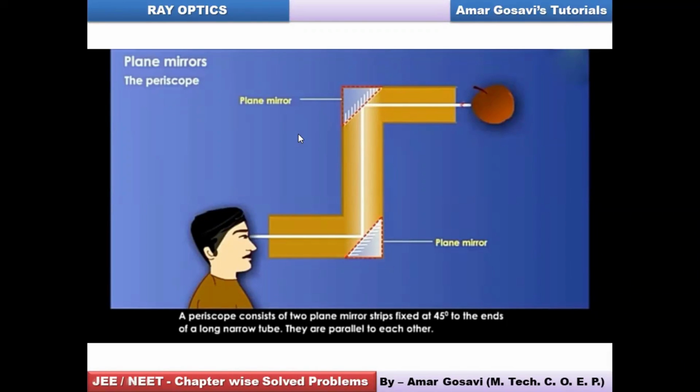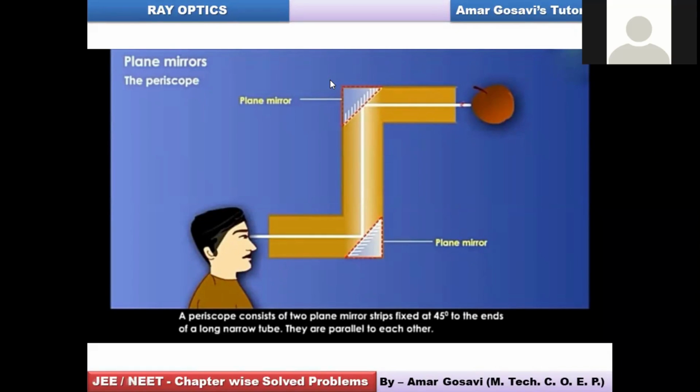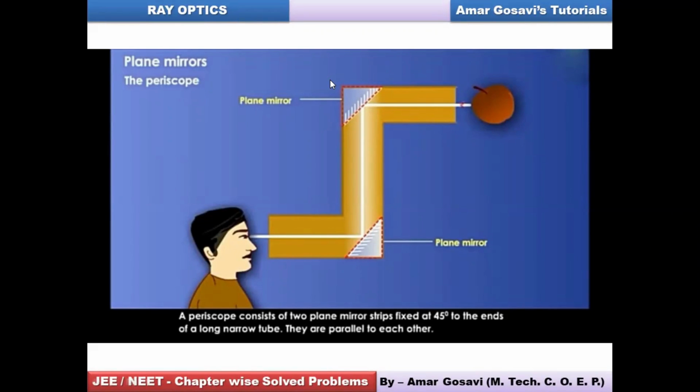Now, what's the difference between using plane mirror and prism? In prism, we are more comfortable dealing with prism for the greater clarity. Plane mirror basically would give you the image of the same size. And if I want to change the magnification of the images, then in that case, prisms would be more useful as compared to plane mirrors.